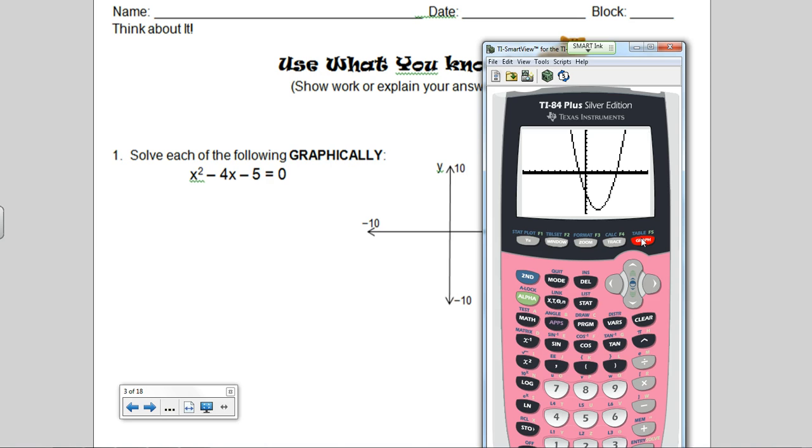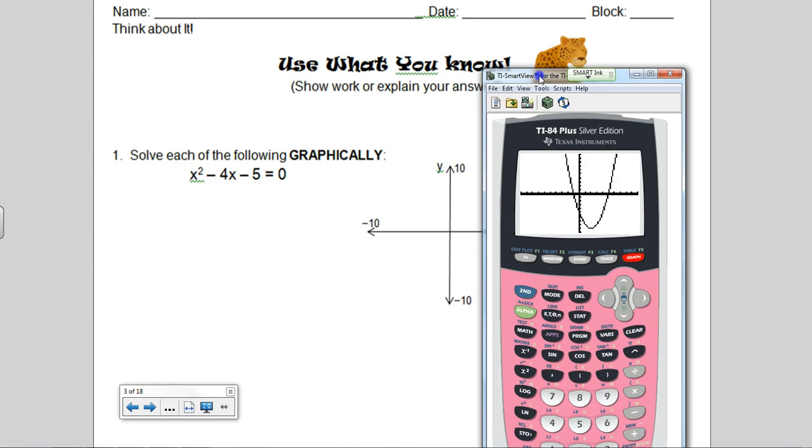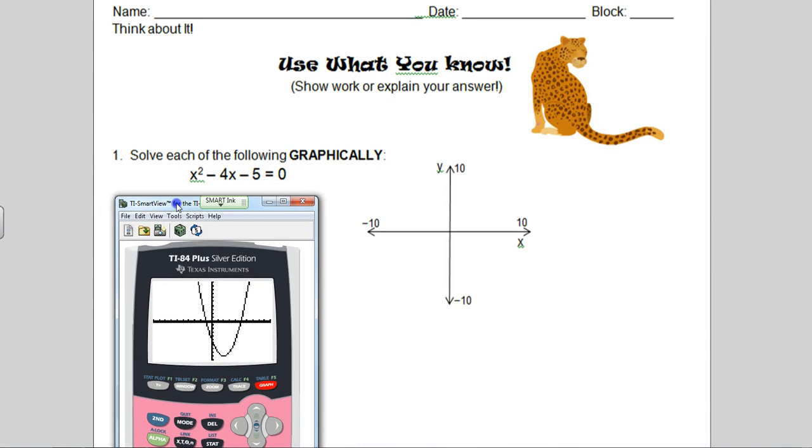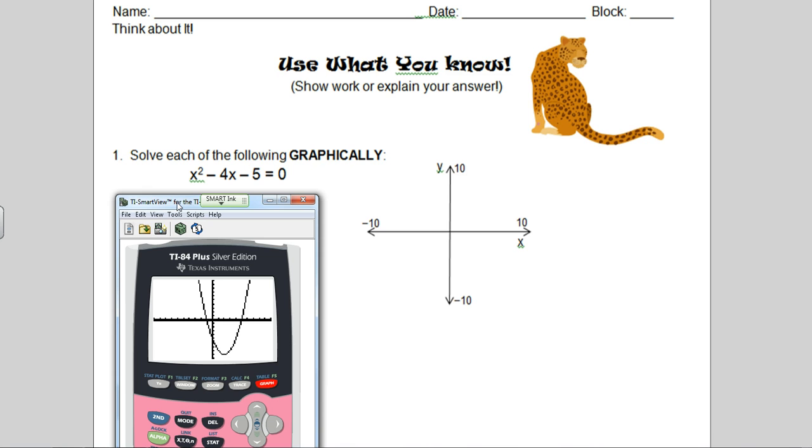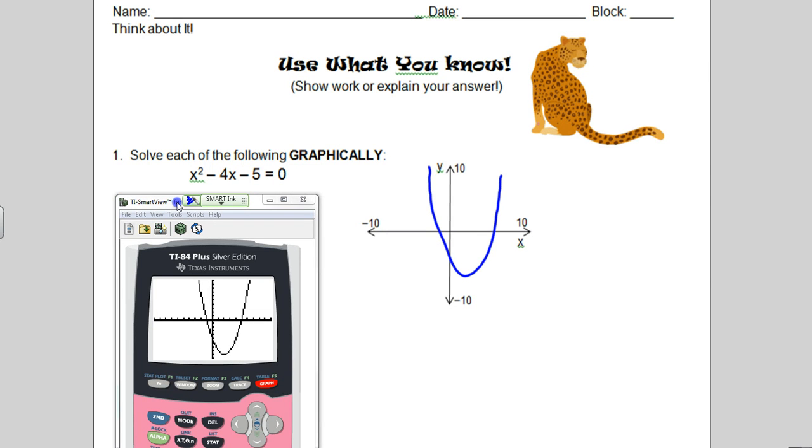Okay, so I can see where the answers are just by seeing where the x squared minus 4x minus 5 graph intersects the 0 line. All right, so just making a rough sketch. Okay, so there's the y equals x squared minus 4x minus 5 graph. Here's the y equals 0 graph.